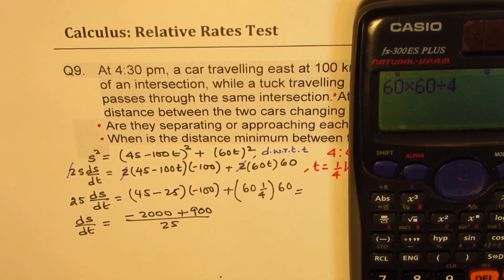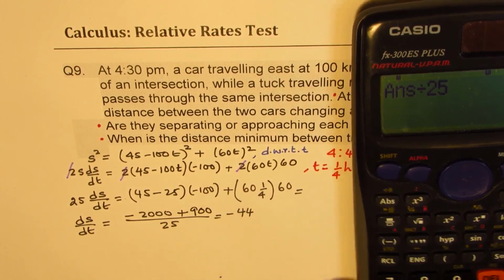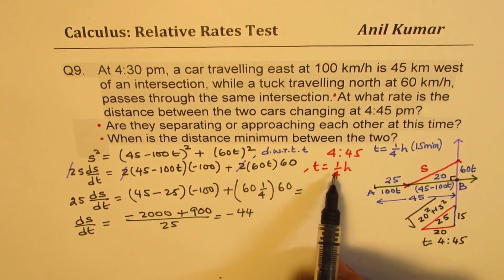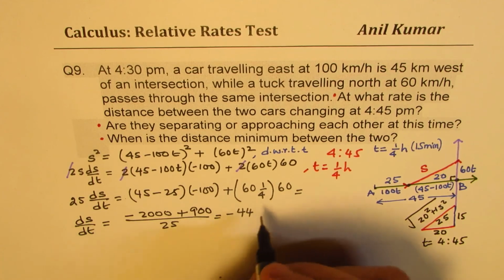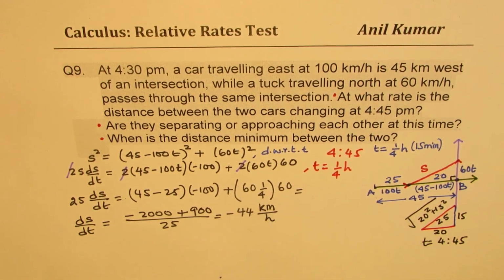So we'll do 900 minus 2000, divided by 25, which gives you minus 44. So minus 44 is the rate of change after 15 minutes at 4:45, and the units will be kilometers per hour. Now what does this negative mean?